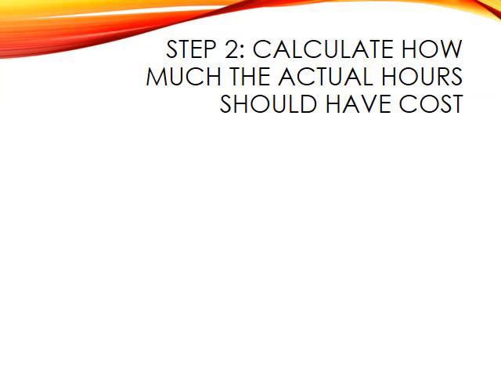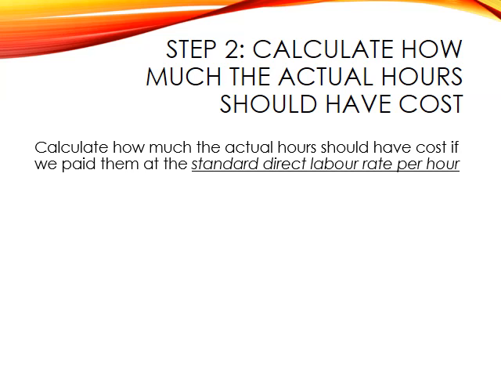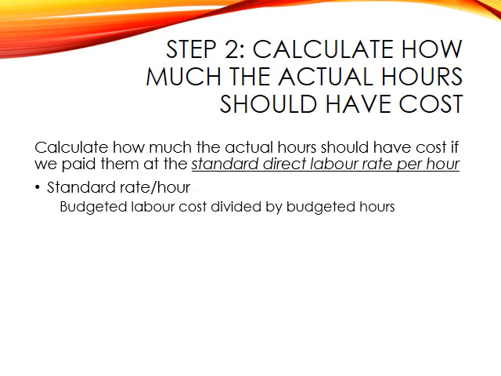The second step is to calculate how much the actual hours that have been worked should have cost. Well, first of all, I'm going to calculate what my standard direct labour rate per hour is. According to my budget, I had a cost of £3,750, and that bought me 500 direct labour hours.